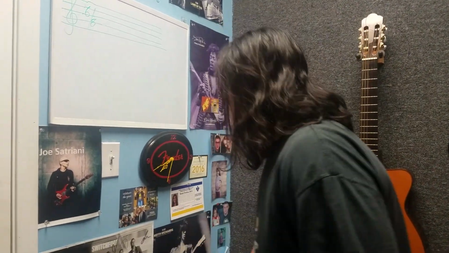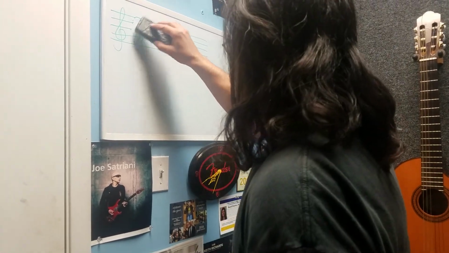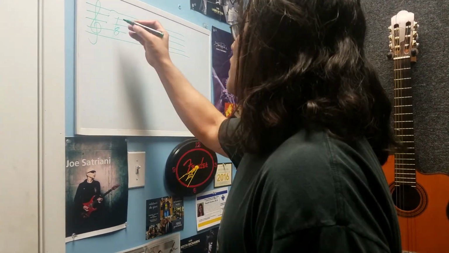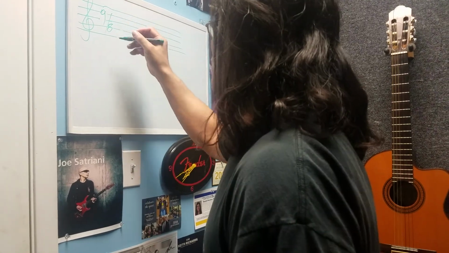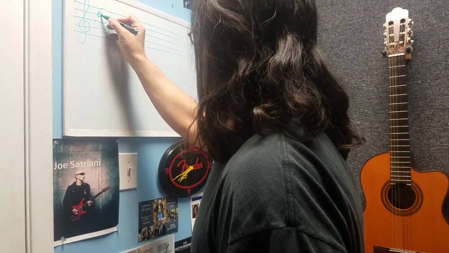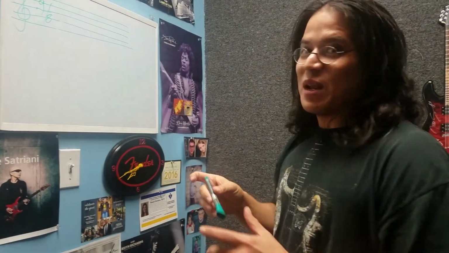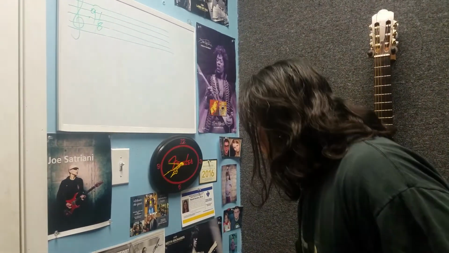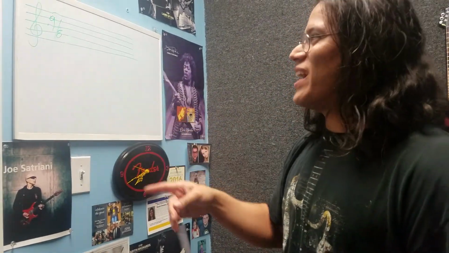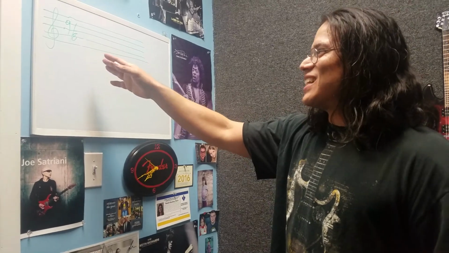So, 6/8 is that. I can have 9/8, right? And 9/8, traditionally, before you start talking about Dream Theater and all the complicated stuff, we're looking at basics right now, right? So traditionally, I'm aware that you can subdivide these beats into more complex figures to make it more interesting.